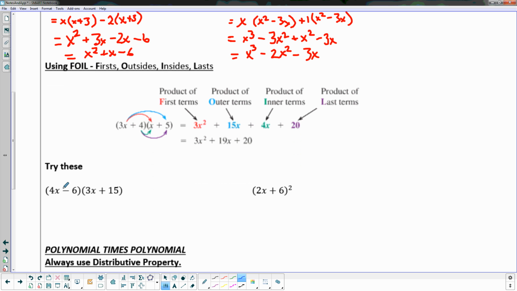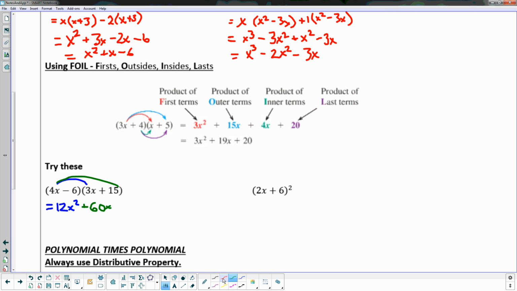Okay, so let's try that. First, 4x times 3x is 12x squared. Outsides, let me switch colors. Outsides, 4x times 15, that's going to be 60x.